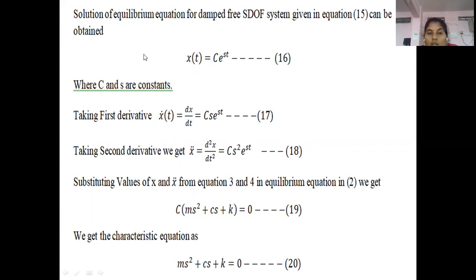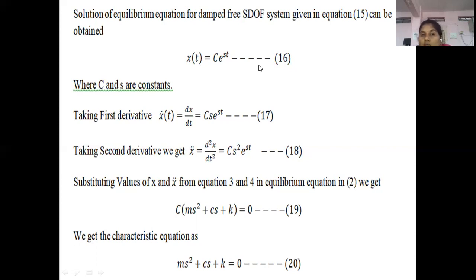So please try to solve by putting x of t equal to c into e raised to st in equation number 15.